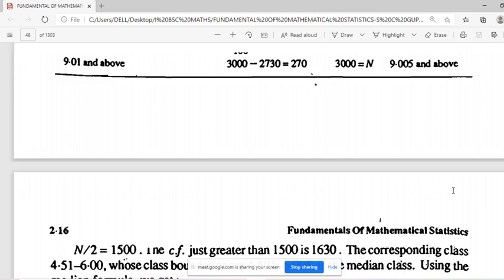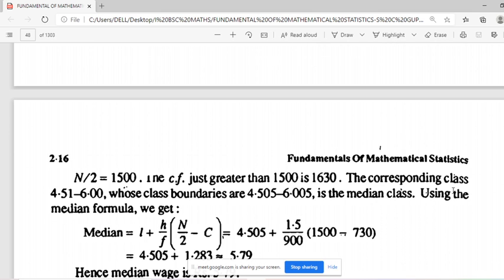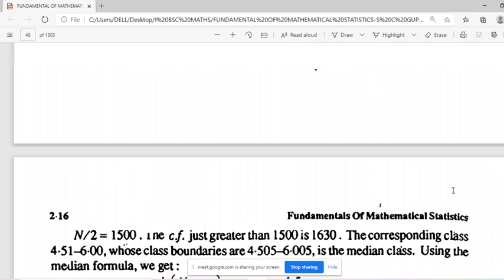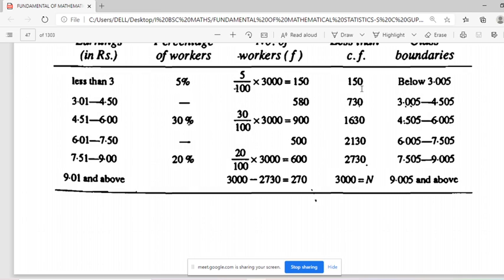Now we find n by 2, which is 1500. Where does the 1500th observation come? Up to the second class we have 730, and up to the third class we have 1630.